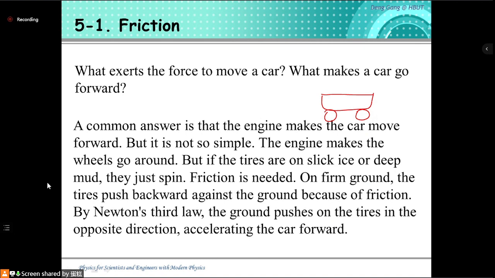So when it rotates, the force due to the tire on the ground is in this direction. But according to Newton's third law, the force from the ground on the car is in the opposite direction.